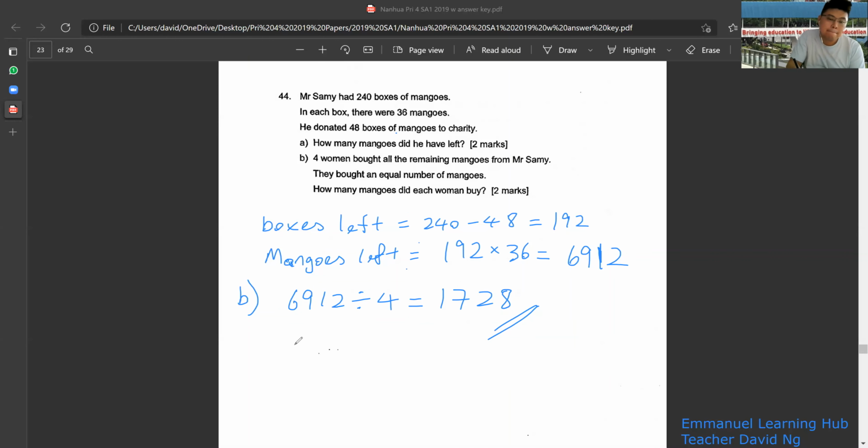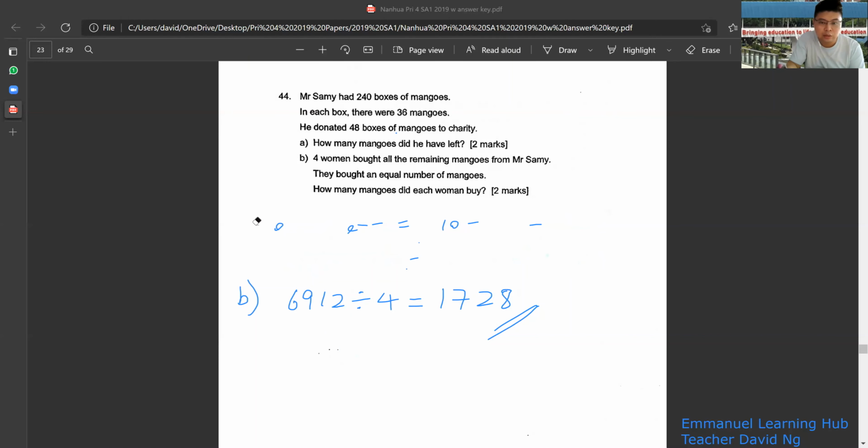Yes. Divide by 4. You know how to divide by 4? Yes. This division, you know that I won't go through already. Okay, we move on to the next one already.